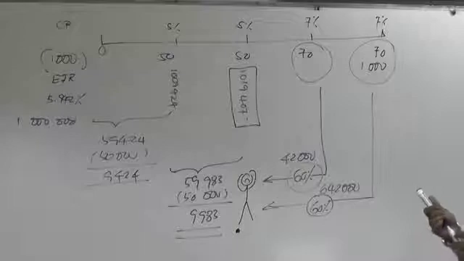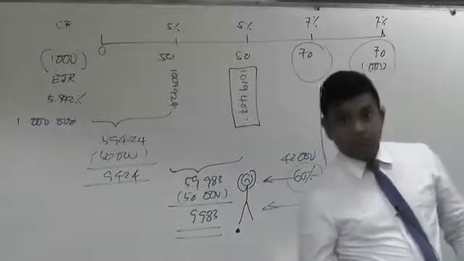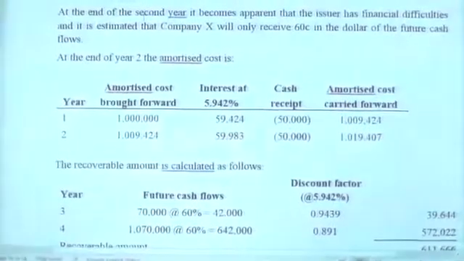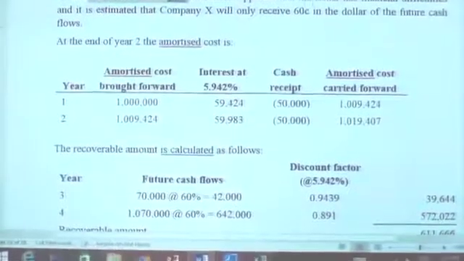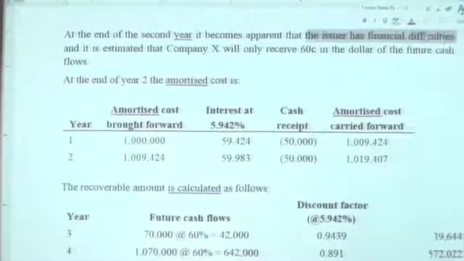With that impairment, let's take the question again. Here they have mentioned at the end of the second year. Here at the end of the second year, you identified the issuer has faced difficulties, that is there may be an impairment, right?